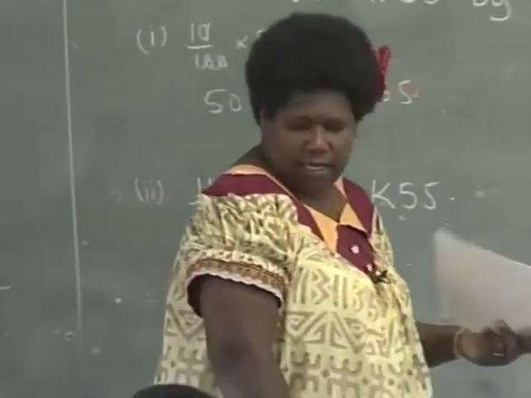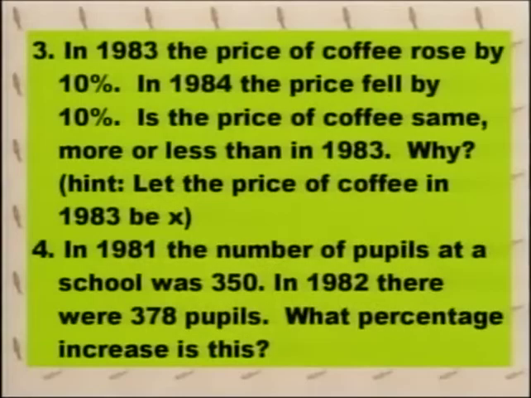Right, next question. In 1983, the price of coffee rose by 10%. In 1984, the price fell by 10%. Is the price of coffee same, more, or less than in 1983? Agnes. Less than.